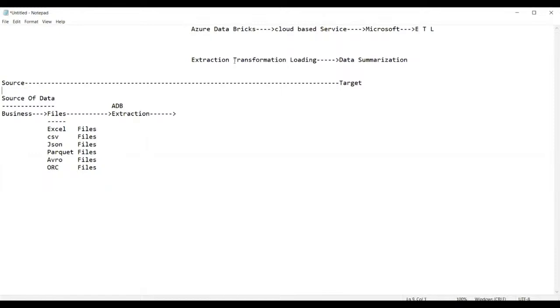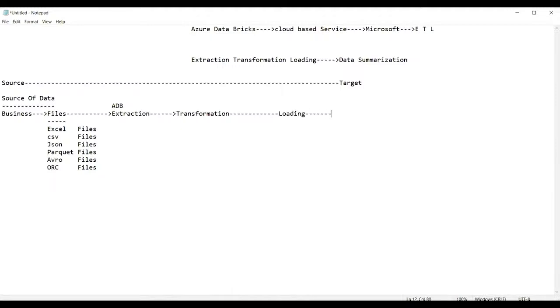Transformation. Transformation is nothing but, based on the requirement of the customer, you're going to change the format of the data. You're going to change the structure of the data. You're going to design a new structure of the data. Am I right? This is called transformation. And once the transformation is done on this data, ultimately the process of loading will take place.